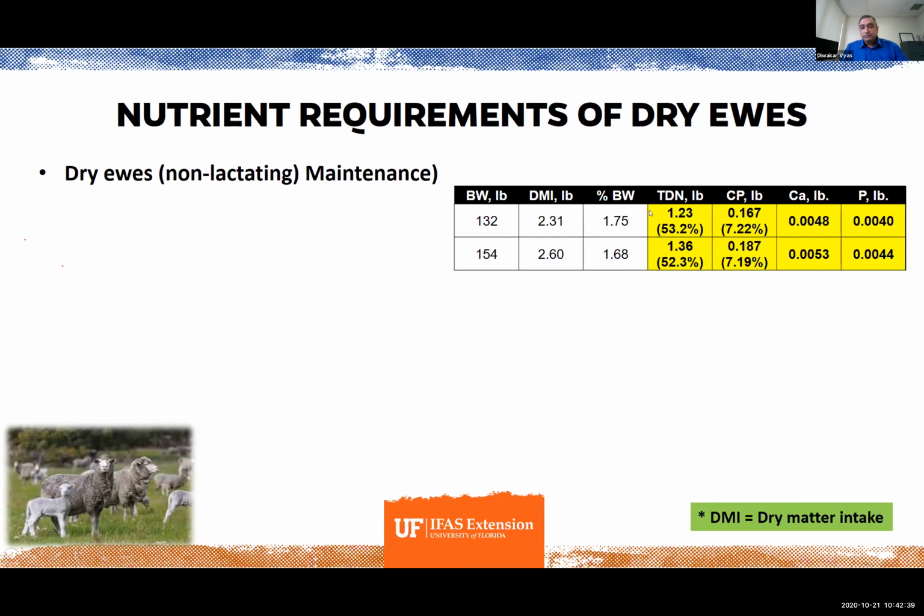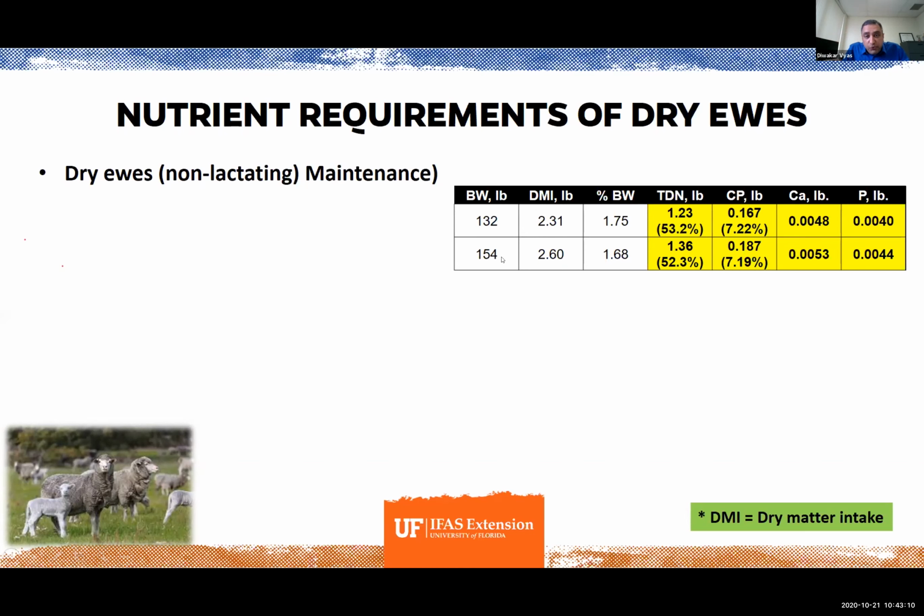So the TDN should be around 53.2% and crude protein around 7.22%. How did I get this value? It is 1.23 pounds divided by 2.31, the dry matter, times 100. This gives me how much percent of TDN I'm providing. So 53% TDN and 7.22% crude protein for 132 pound dry ewes.